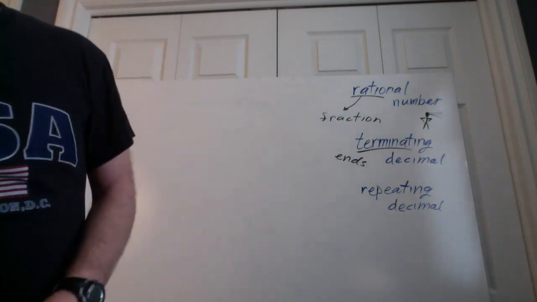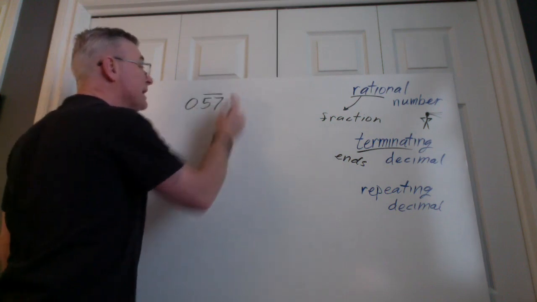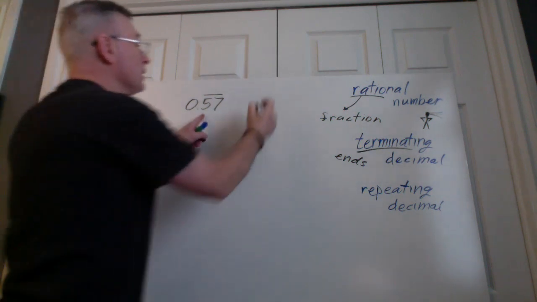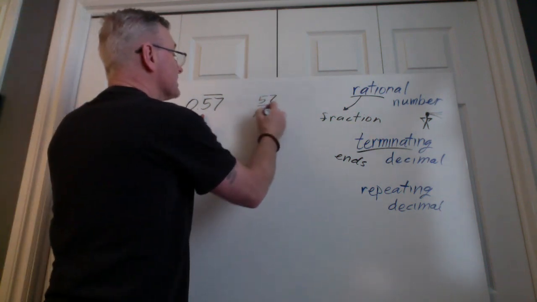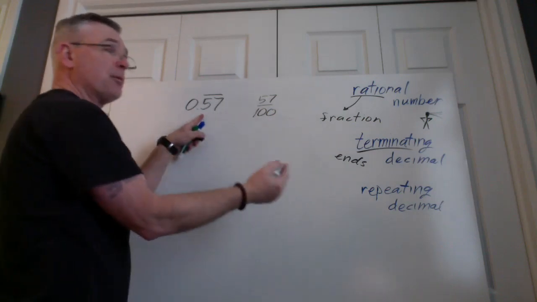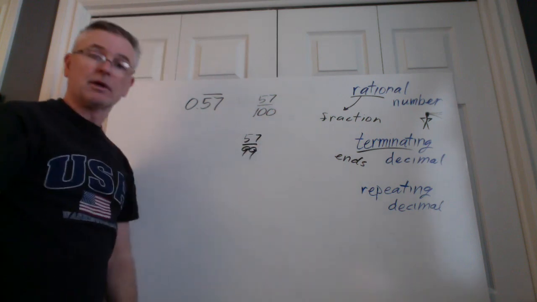What I can do with these numbers is this. If I want 0.57 repeating to be a fraction, I write it down like it was 57 hundredths anyway, which I know it's not, and then just take 1 from the bottom. That's the way the math's going to work out anyway.